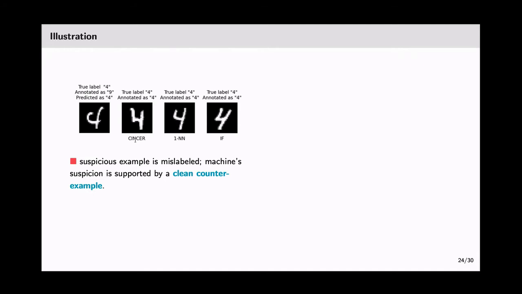CINCER, which is basically our approach, provides a counterexample when contradicting the user. It selects a counterexample which is annotated as a 4 and actually is a 4. So in this case, we have a clean counterexample, and the incoming example is annotated wrongly by the user. So the suspicious example is mislabeled.